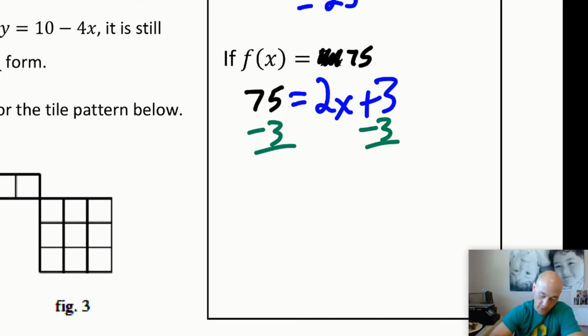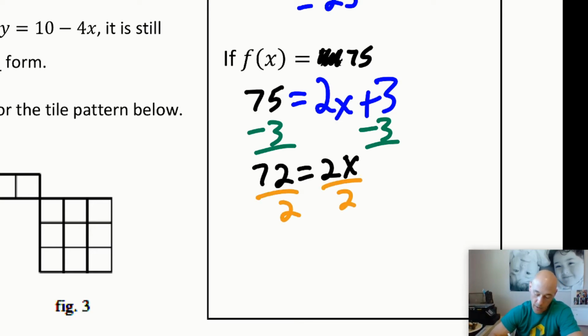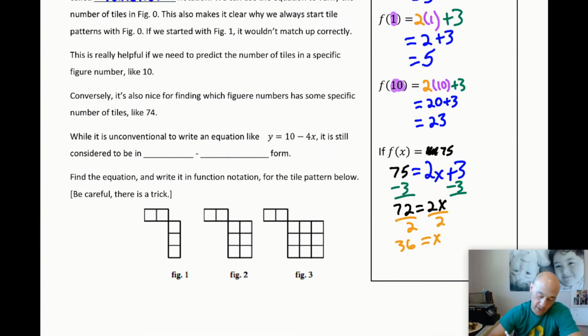And I'm sorry you're going to have to do this in your notes, but it's good to see how things happen sometimes. That's 72 is equal to 2x. Now we can divide by 2, and we get x, which is the figure number, is equal to 36, because 72 divided by 2 is 36. So the figure number 36 has 75 tiles, so make sure to change it over here as well, 75.